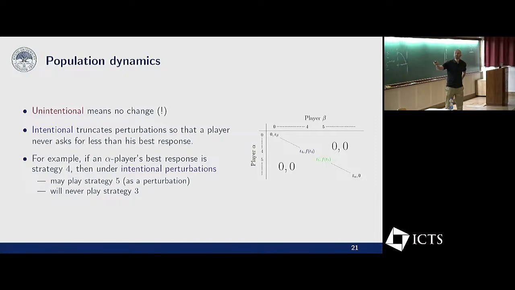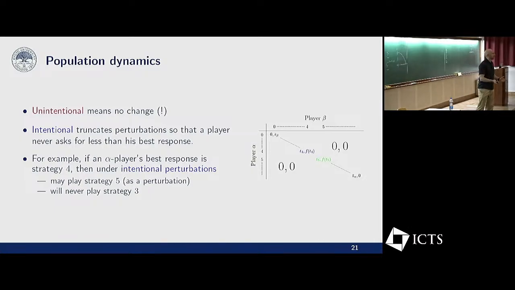And we're also going to have this extra dimension, less used. Unintentional means just no change, same. You can make any mistake. Intentional is the truncation of the distribution of perturbations so that you never ask for less than your best response.